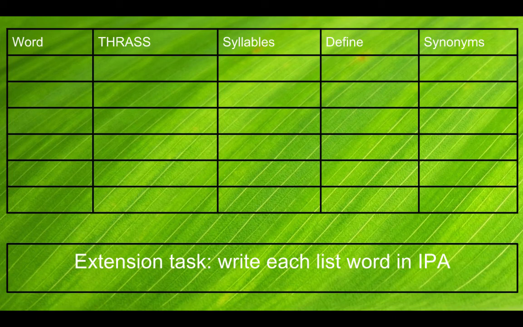Try and push yourself beyond just one synonym for each word. And of course, if you are very, very quick at that, you can do some extension, writing each list word in IPA. So pause the video here and get going with your thrashing for this week. We'll be back in a minute.